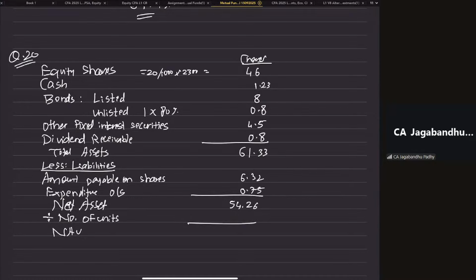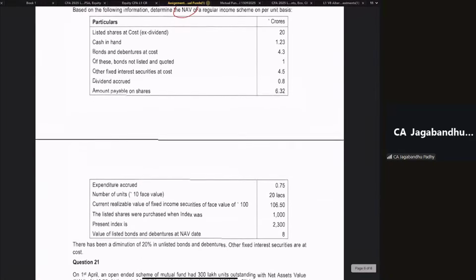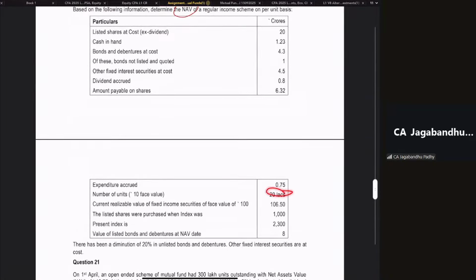And the number of units was 0.2 crores. So NAV is 271.3. Since the number of units was 20 lakhs, I wrote it as 0.2 crores.